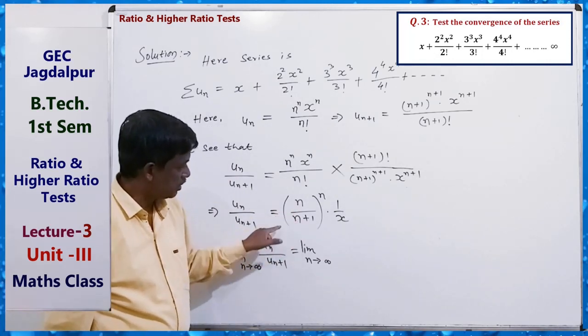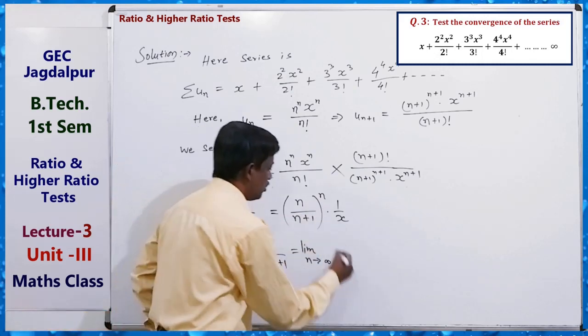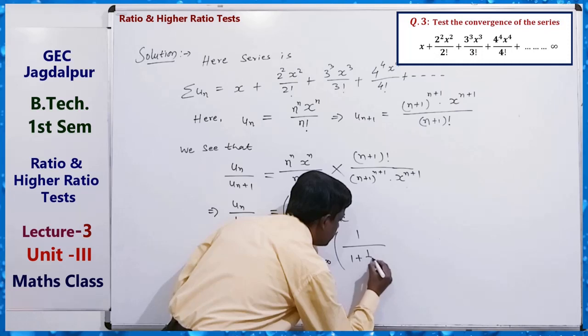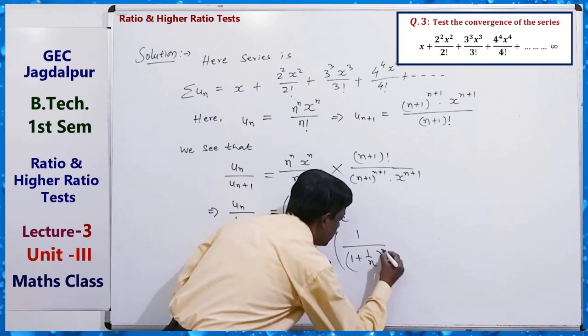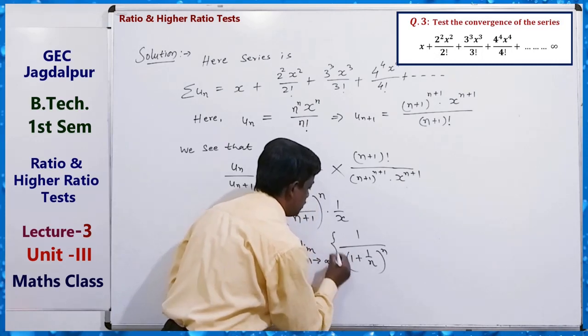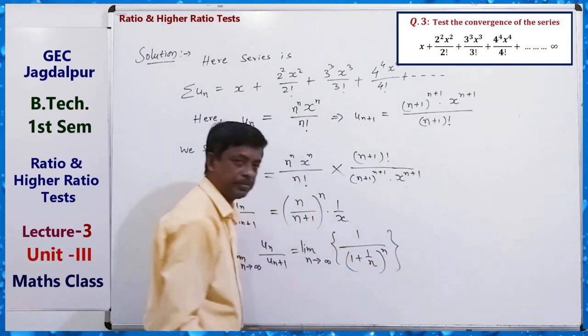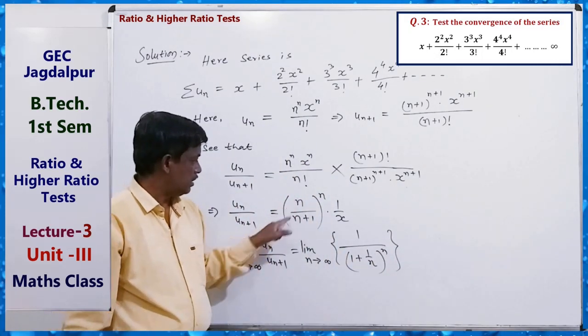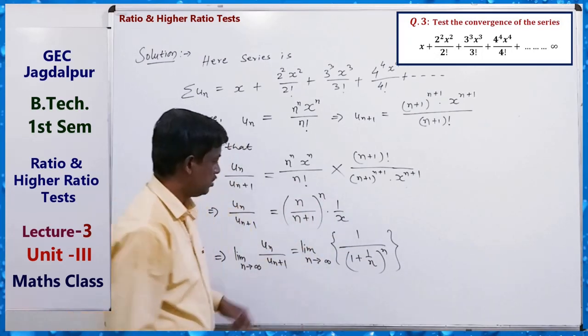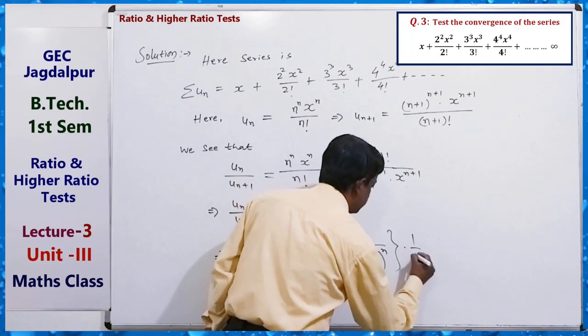Taking n common, n cancels, so we get 1 upon 1 plus 1 by n all power n, into 1 by x.